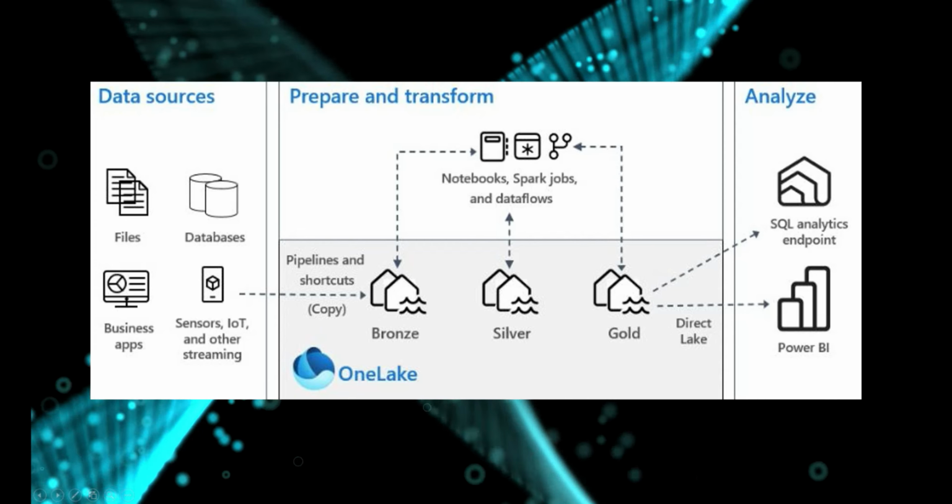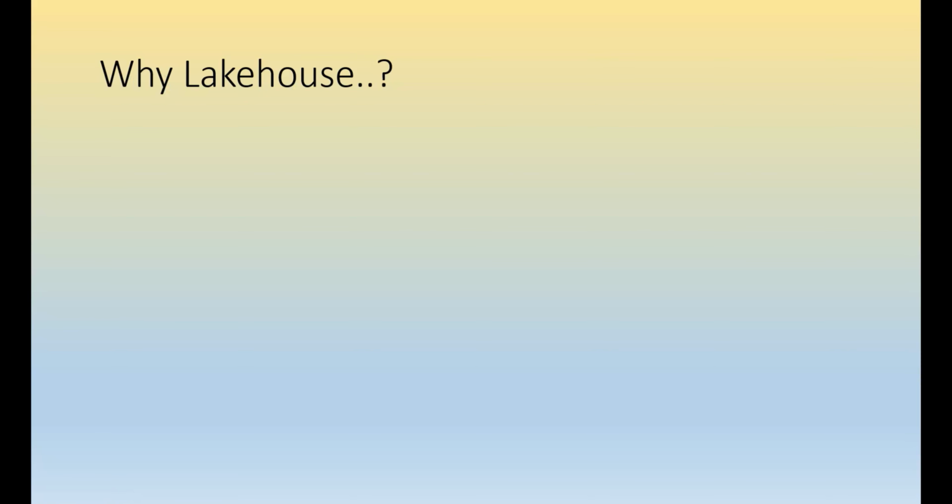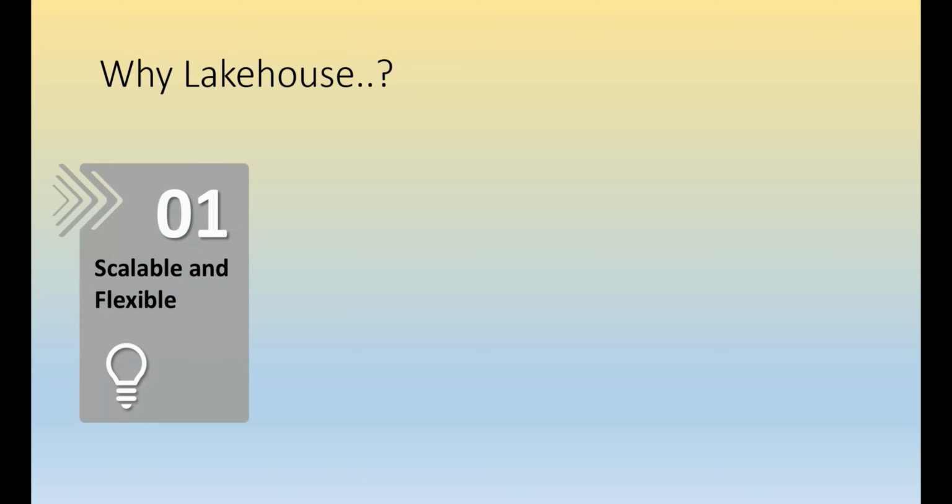Okay, so let's move to the next slide and understand why lakehouse, right? If you see, we have several advantages. One is the scalability and flexibility. Automatically, the scalability is enabled based on the workloads here. This doesn't happen if you take a data warehouse like a SaaS solution, Azure data warehouse or SQL databases, where you want to provision in a cloud, AWS or Azure.